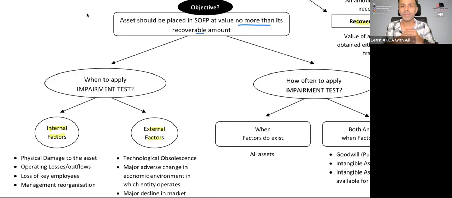And if the new model of that cell phone comes in, the value of the previous model goes down. Not because physically it has some issues, but technologically it's not as advanced as the new model. It can do a lot of things that the previous model cannot. So based on that, the value has gone down.